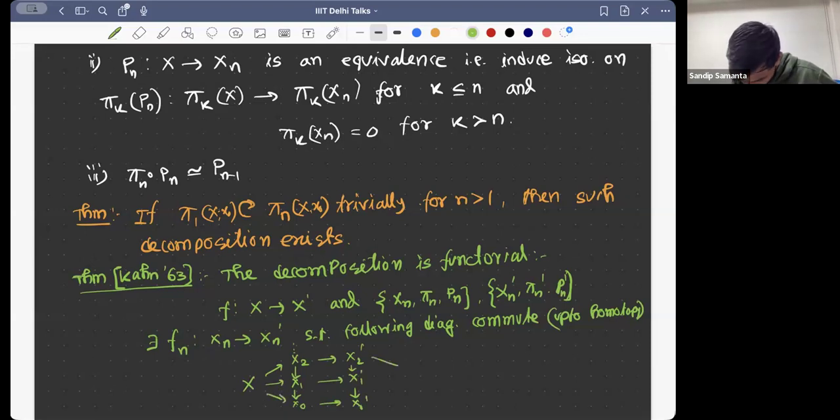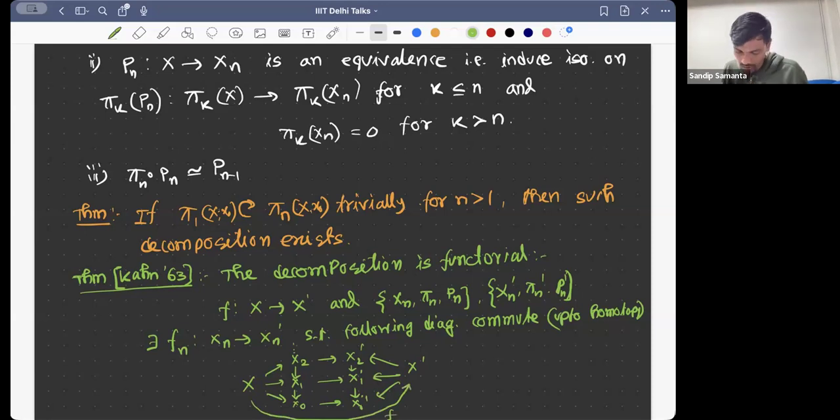Similarly, on the other side, here you have X prime and this map. So this square has to commute, and this triangle already commutes up to homotopy by the decomposition rule only. But there is another possible square here via f, where f is from X to X prime.